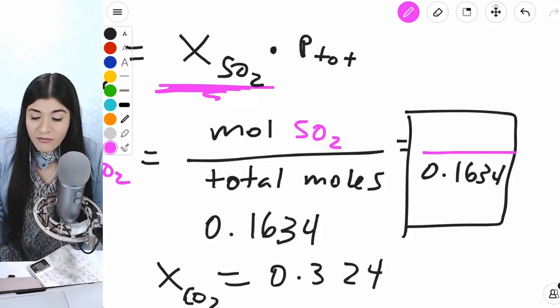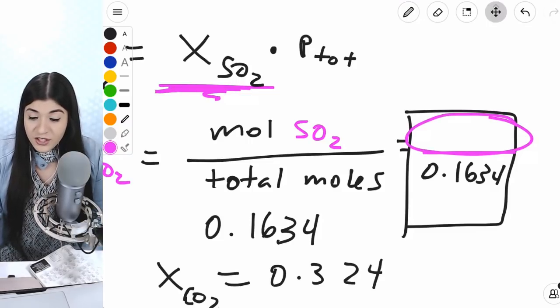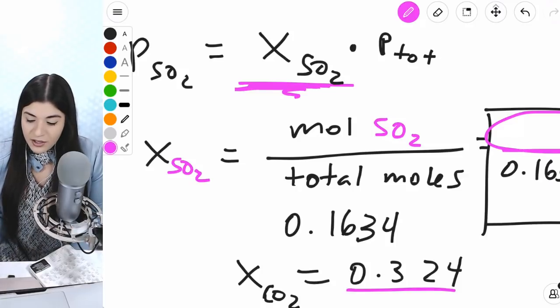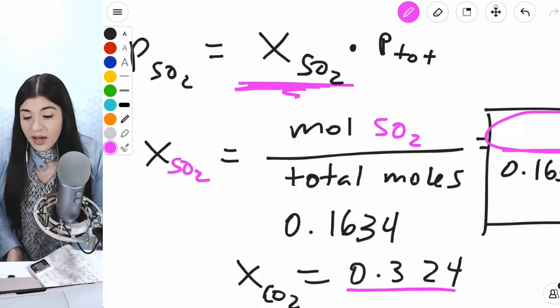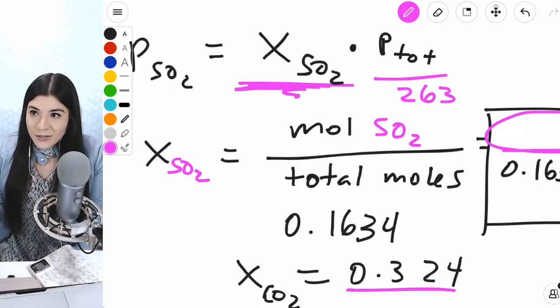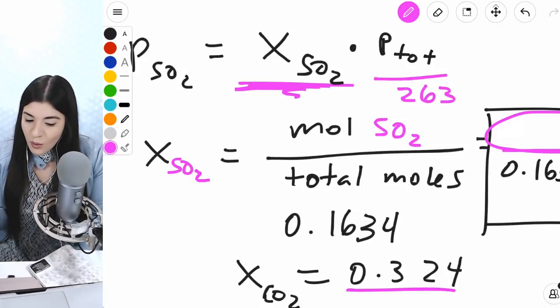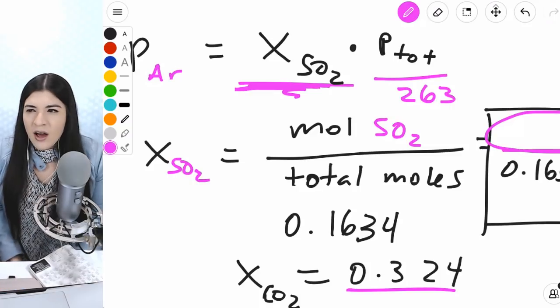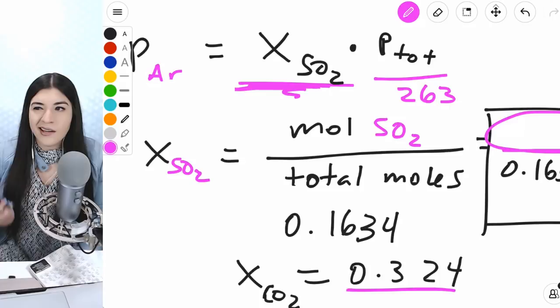It's just this top value that's going to change every single time. Then once you divide those two and get whatever value you get, you multiply by the same total pressure, which is 263. And then you do the same exact thing for argon as well, just changing this again. Okay, so that's the main concept. It's really the same exact thing, just different numbers.